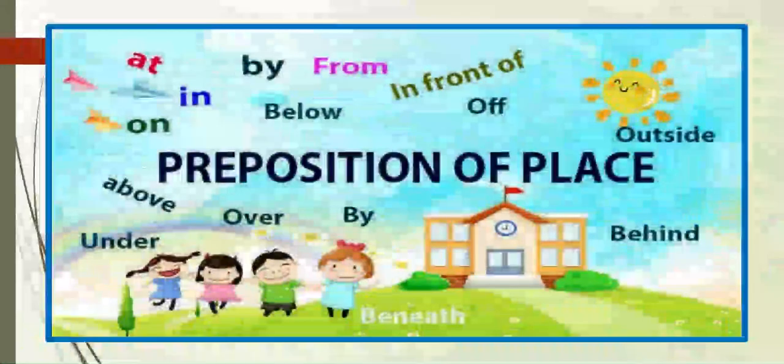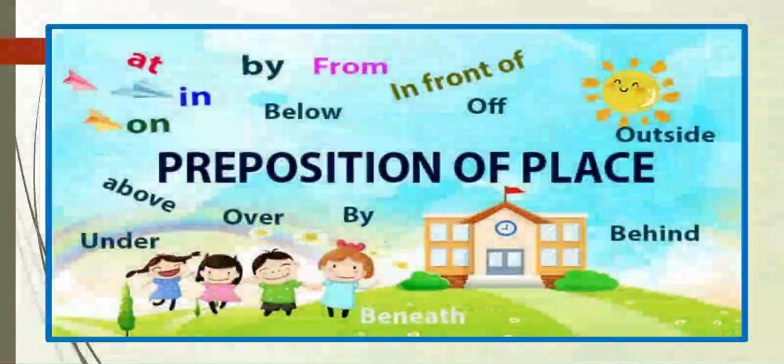Now preposition of place. Preposition of place is what? By, over. Again, we'll take up the same. So, prepositions of place are used to refer to a place where something or someone is located.